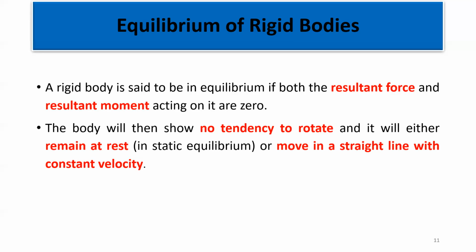So now we say the body is in equilibrium. Then we say that the resultant force acting on it, and the resultant moment acting on it, all of them must be what? Zero. If that happens, then we say that the body will not rotate.